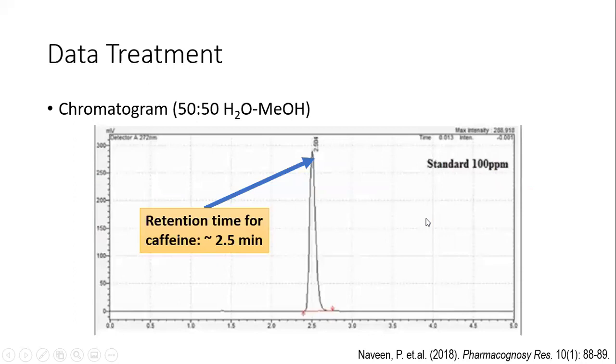So this is a sample chromatogram obtained for caffeine at 50 to 50 water methanol mobile phase. So dito sa journal na to, ang nakuha nilang retention time for caffeine is around 2.5 minutes.